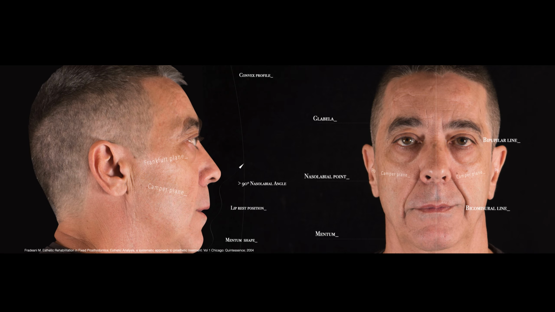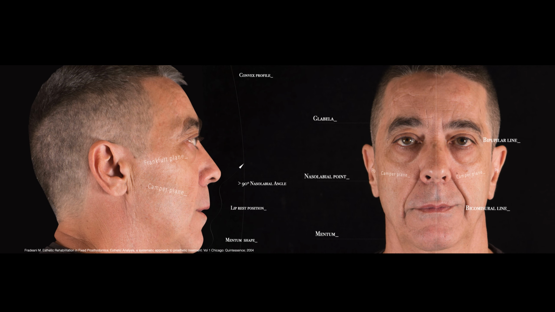Then it's important to check the bicommissural line, to understand if it's horizontal or not. In this case, as you see, there is a slight canting to the right of the patient.